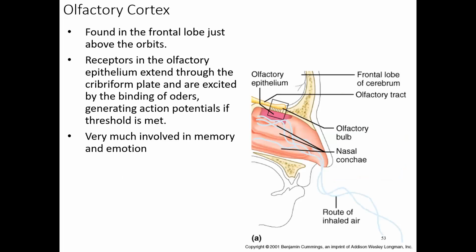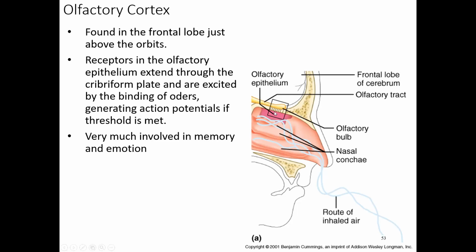Olfactory cortex in the frontal lobe, just above the eye orbits. We send signals from the olfactory receptors embedded in the superior surface of the interior of the nasal cavity, up in here, right here.